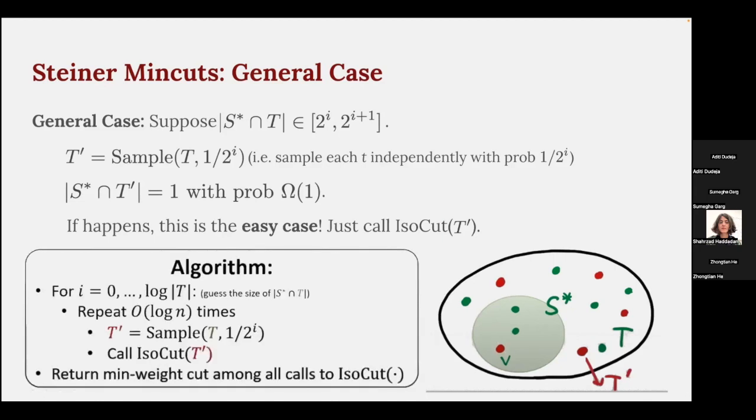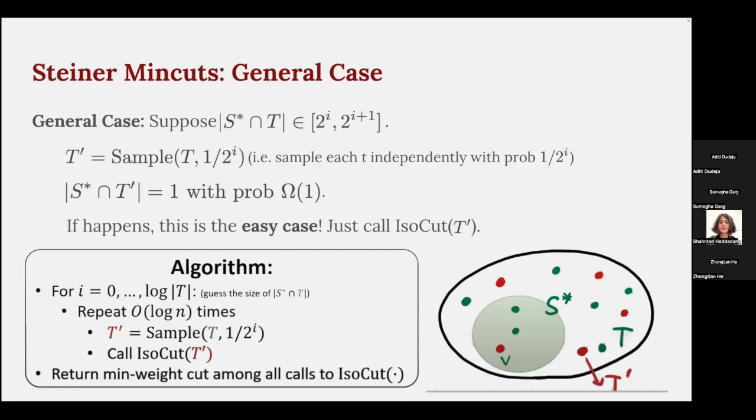Yeah, this is the full algorithm. It's pretty simple. First we guess the size of this S star intersect T, which is, in the blue region, how many terminals the blue region contains.